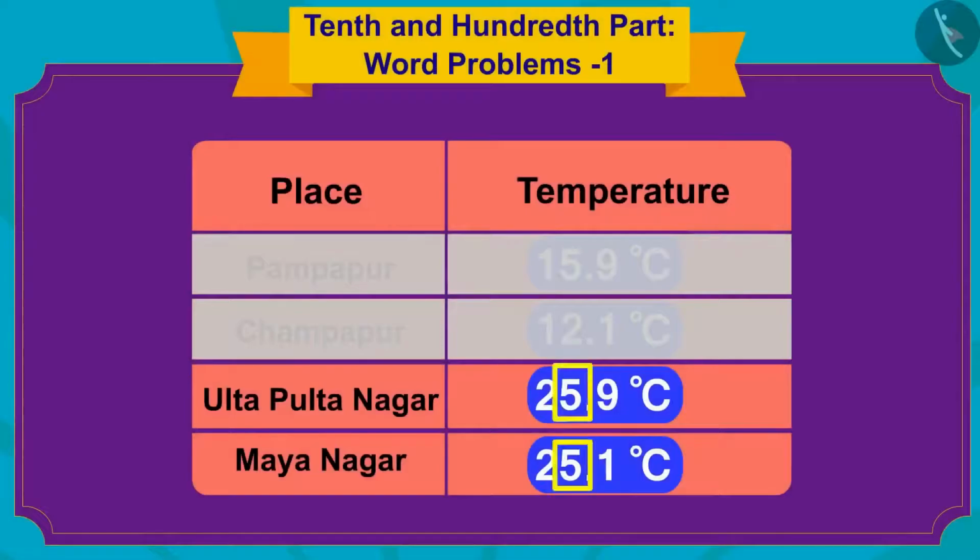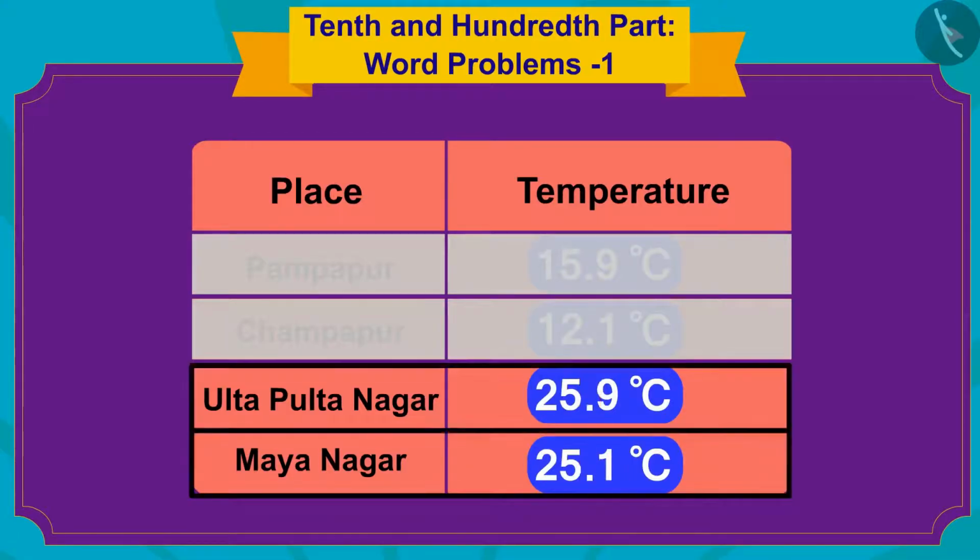The units place of temperatures in both Ulta Pulta Nagar and Maya Nagar have the number 5 in them. Therefore, we will now compare the numbers written in the 10th places after the decimal point in the temperatures of these two places.